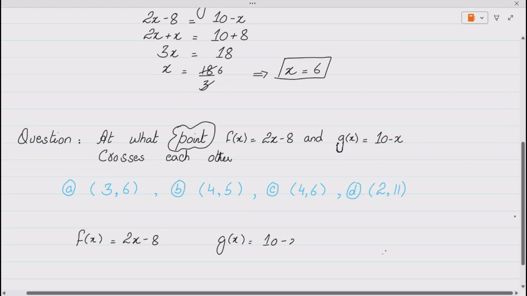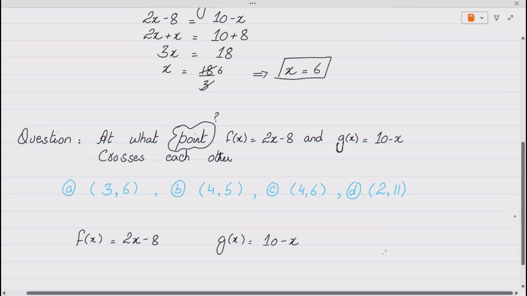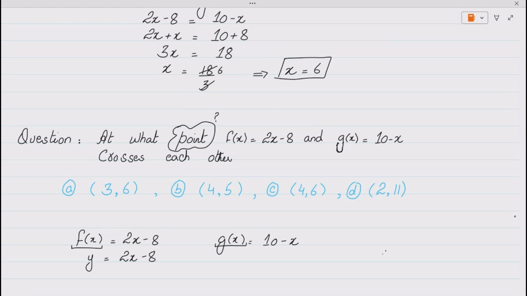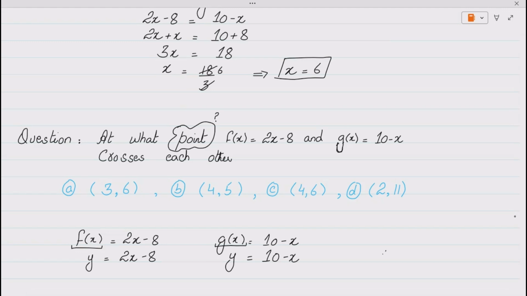The first thing we have to do when we have to find the points is to take f of x and g of x as some variable, and we call it y. You can take any variable label. Here I take f of x and g of x as y. So y equals 2x minus 8 and y equals 10 minus x. So this is the first step.